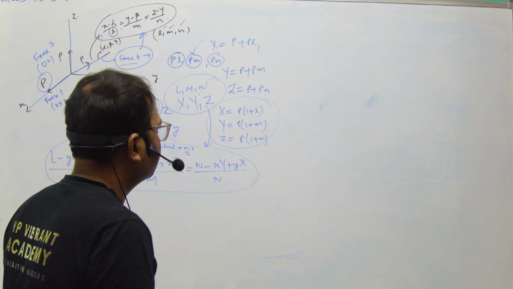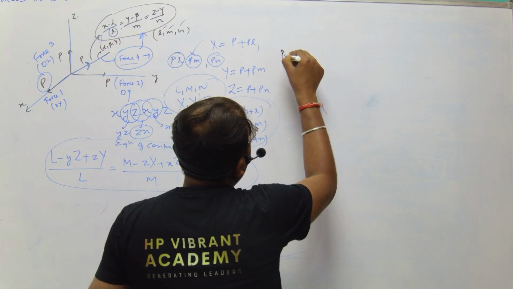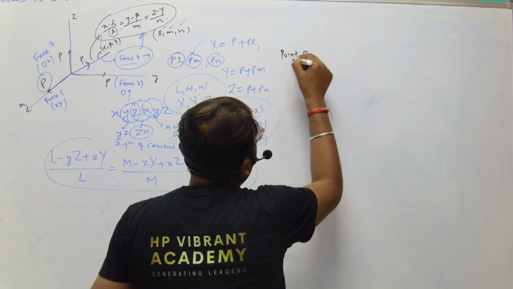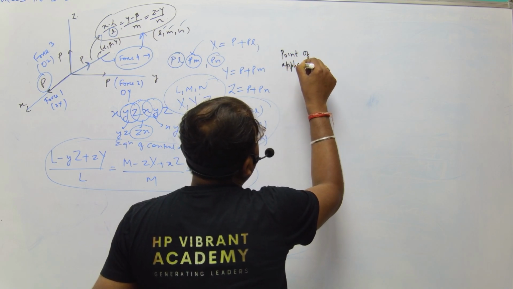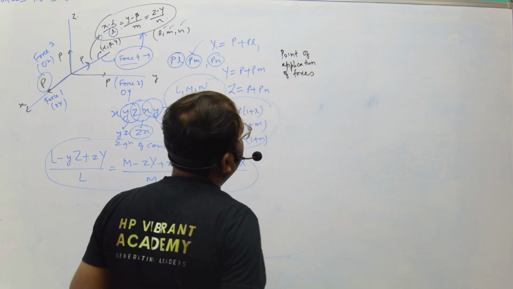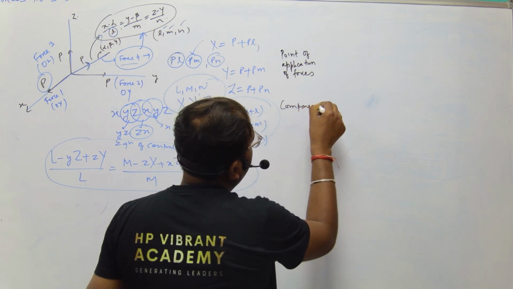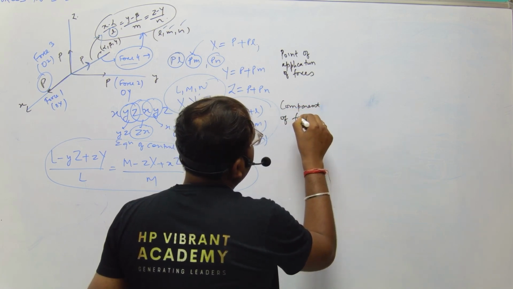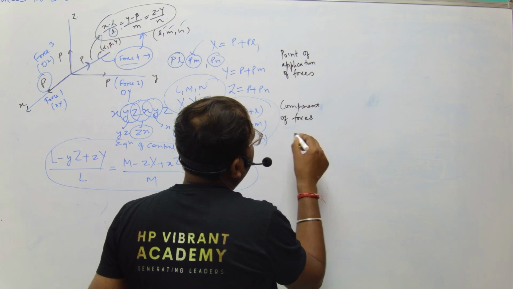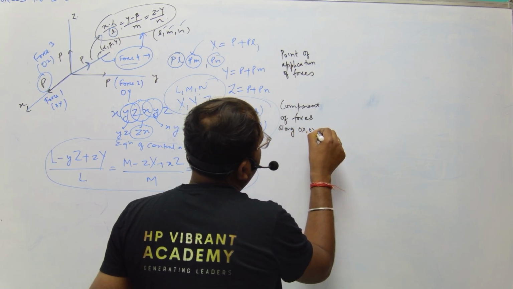Okay, so now let us construct the table for this. So for this we have point of application of forces, and secondly we have component of forces along OX, OY and OZ.